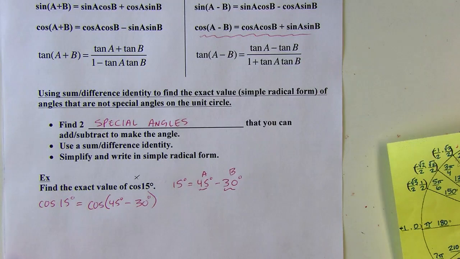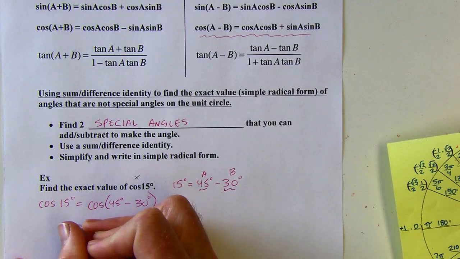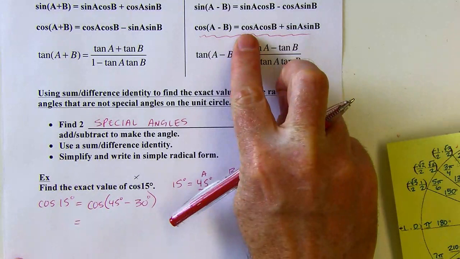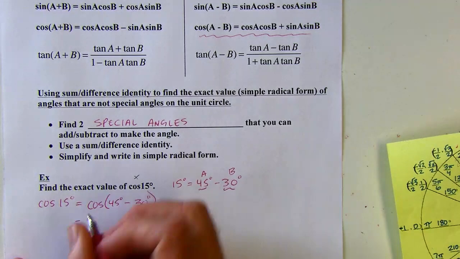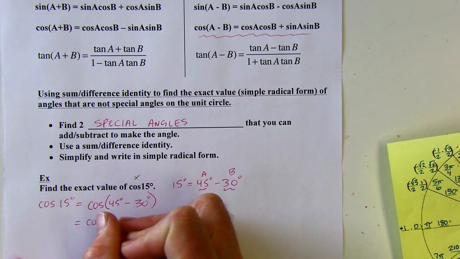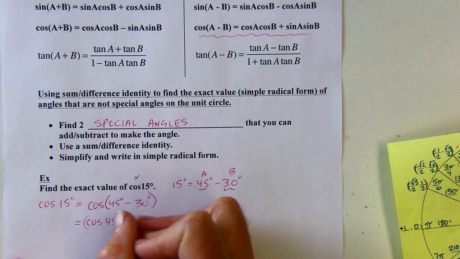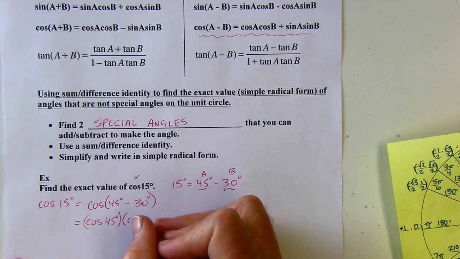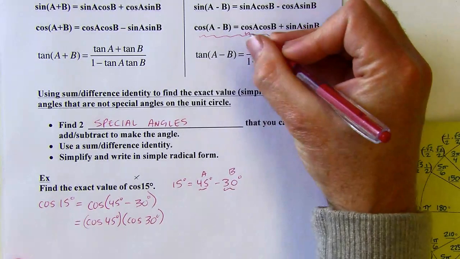So, let's see. I've got cosine of A times the cosine of B, all right? That means cosine of 45 degrees times the cosine of 30 degrees. Okay, so that's that first section right there.